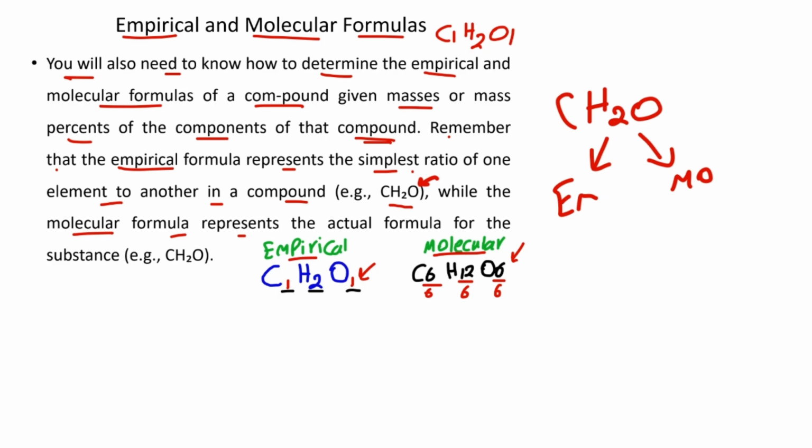Because it is empirical because you can't divide the numbers, and it is molecular because it actually represents the real molecule, which is some kind of aldehyde. Okay? So, this is empirical and molecular at the same time. I need you to understand that sometimes we will have a formula that can be both empirical and molecular at the same time.